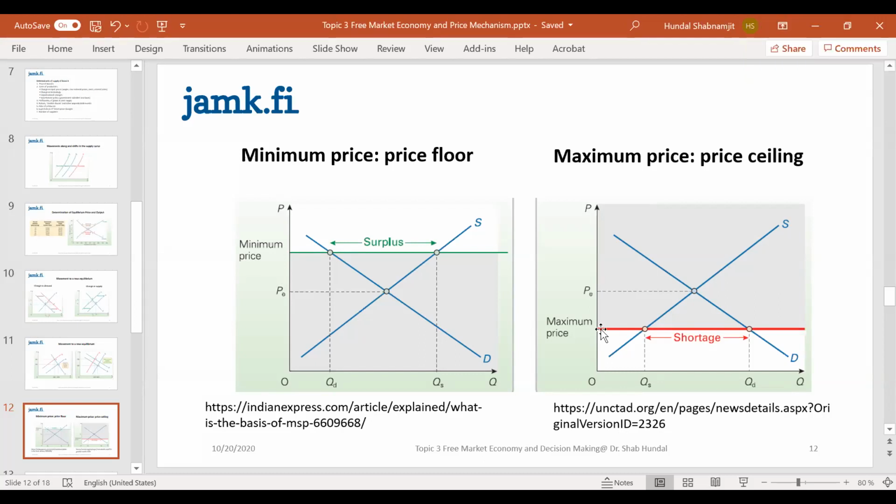And thus, they are taking undue advantage of the COVID-19 situation because there is a scarcity, there's a shortage. So, yeah.